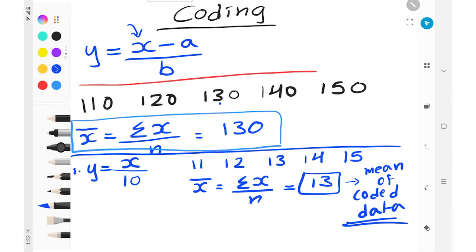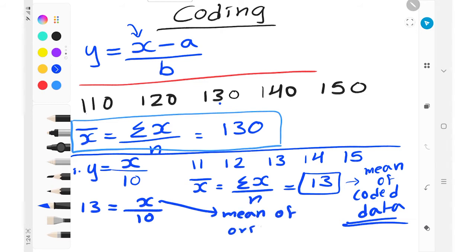If I want to find my original mean, I will plug the 13 in place of the y to find the x, and my x is the mean of original data. Now for my x, it's 13 multiplied by 10, which is 130, as we got it above.